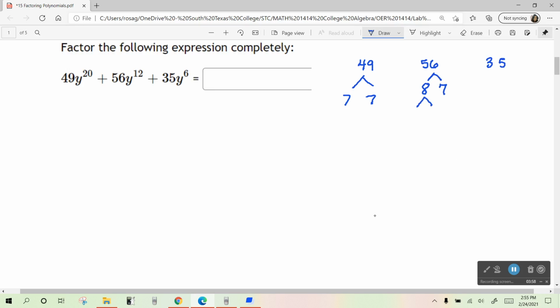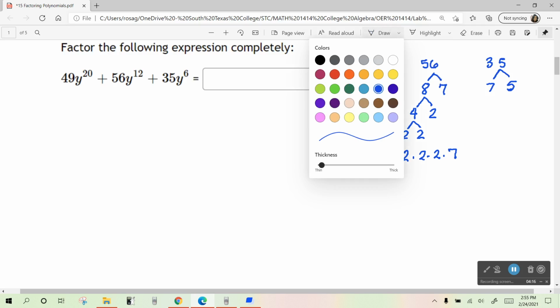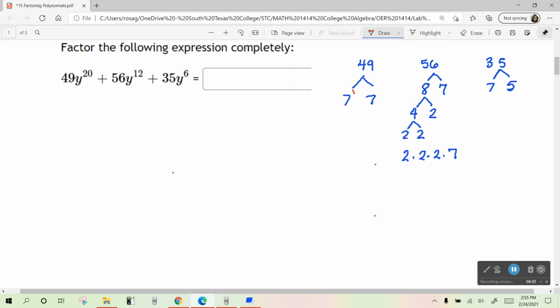It's going to be 4 and 2, 2 and 2. So I have 2, 2, 2, and 7. And then 35 is 7 and 5. So now what I'm going to look for is a number they all share. So in this case, they all share a 7. So that's what's going to go outside.